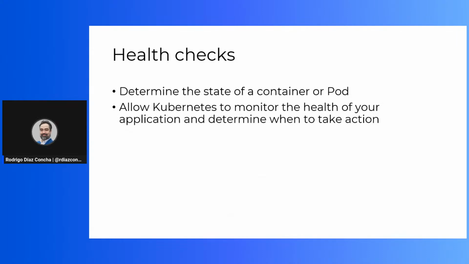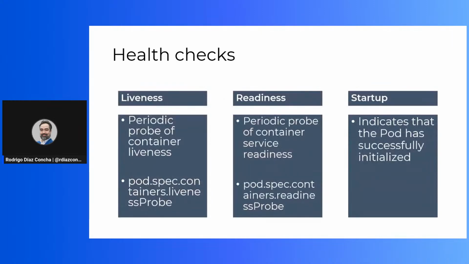So health checks, we saw health checks as a way of determining if the state of a container is healthy or not, right? They allow Kubernetes to monitor the health of your application and to determine what action you want to take. So we have 3 different health checks, such as liveness, readiness, and startup.